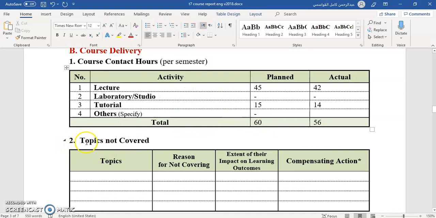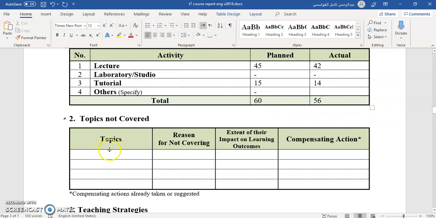Now, the second item, topics not covered, is related to the first, the course contact hours. If the planned contact hours are equal to the actual, this means that you covered all topics. But even if you taught all the planned contact hours, maybe for some reasons you didn't cover all topics, not only because of contact hours or weeks not given.